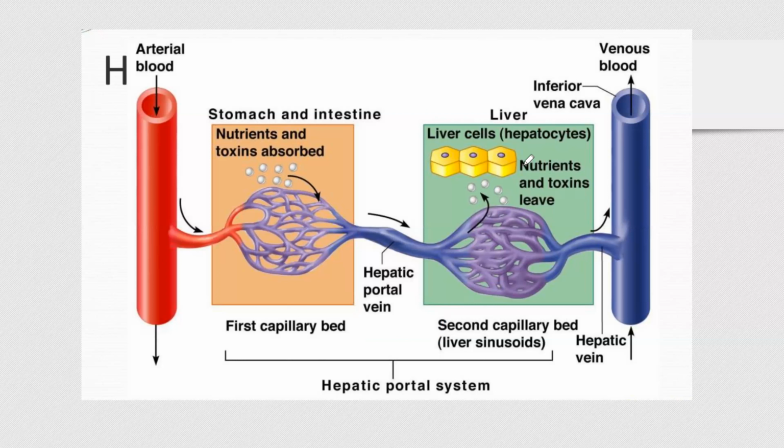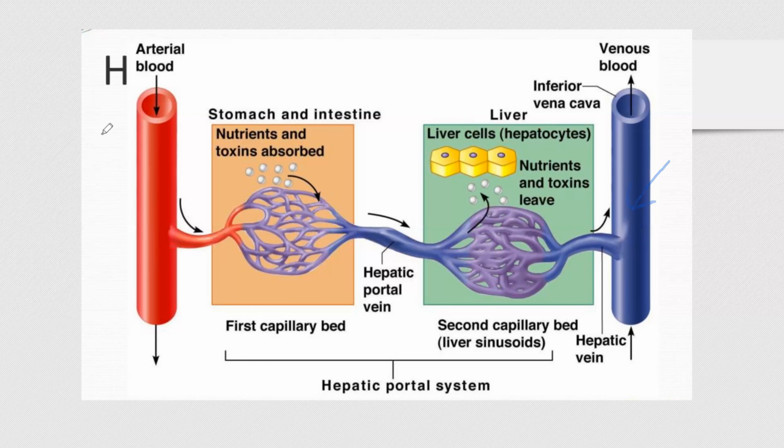And over here, nutrients and toxins will be moved from capillaries to your liver, and those liver cells, hepatocytes, either process or store those nutrients, get rid of the toxins, and some nutrients will go back over there, right? But then you collect all this blood through now the hepatic vein to the inferior vena cava, to the venous blood, right?